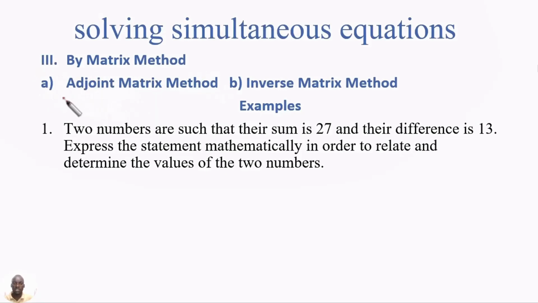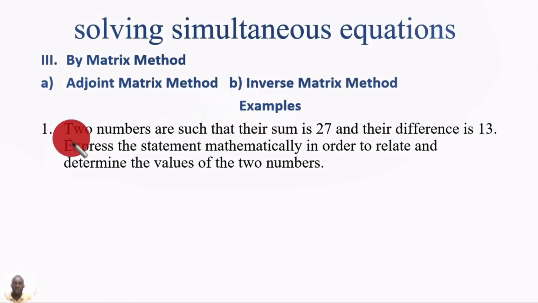So in here, we solve the simultaneous equations using the adjoint of the matrix formed. Then in part B, we have the inverse matrix method, whereby we first get the inverse of a matrix formed after forming the simultaneous equations, and then we go ahead and simplify. So we are going to look at each one of the two methods of solving simultaneous equations. Let us have the examples here.